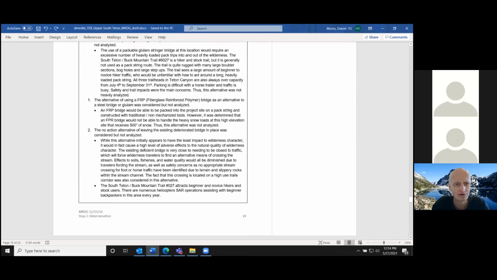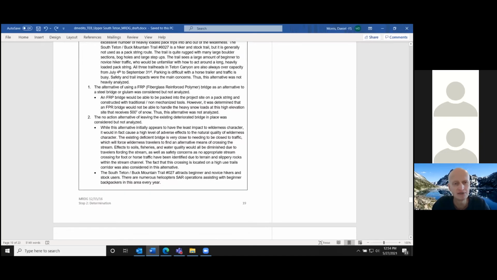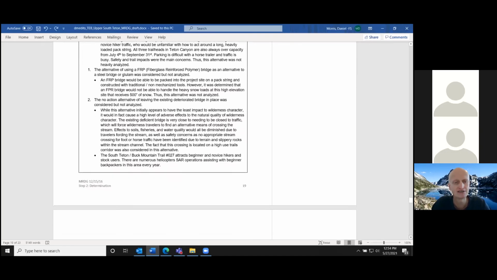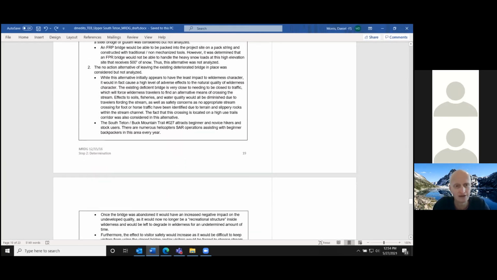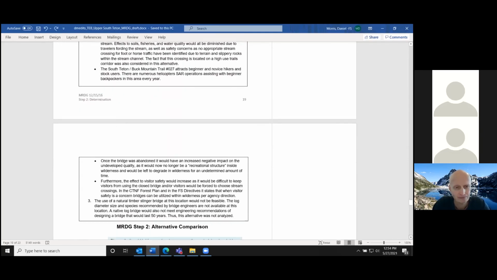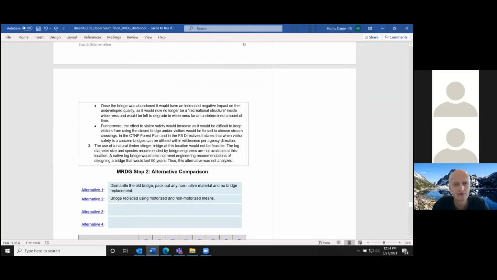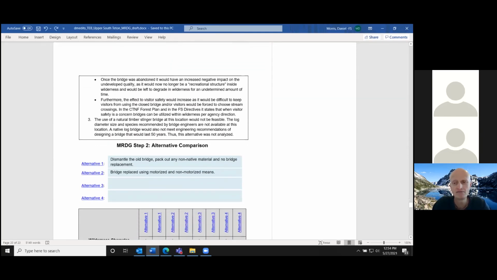So I won't discuss this too deeply, but you don't want to just baselessly take out an alternative. You want to make sure you explain why you're not addressing that other alternative in detail. And the one you want to really think about is, why not use native materials?